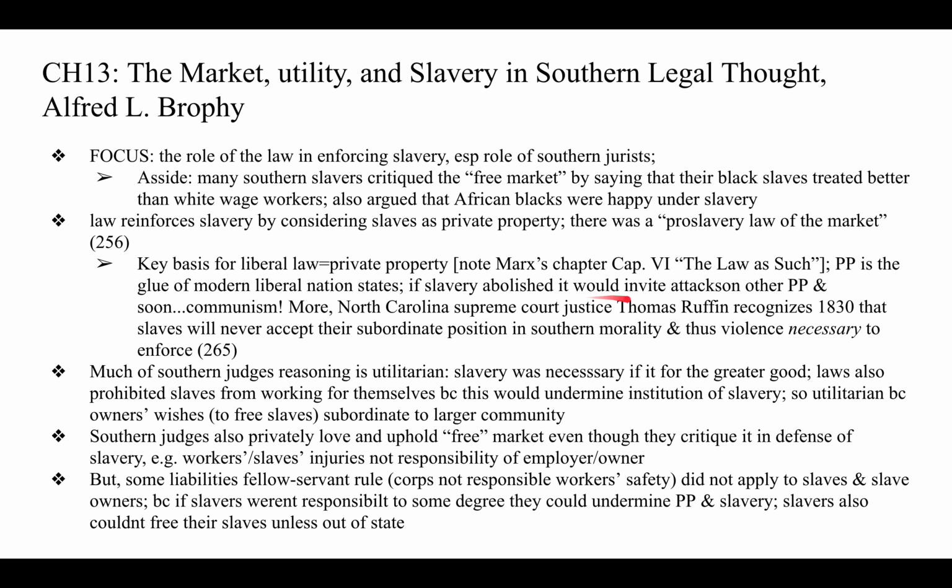So if slavery was abolished, it would invite attacks on other forms of private property, and soon, horror of horrors, could even lead to communism.